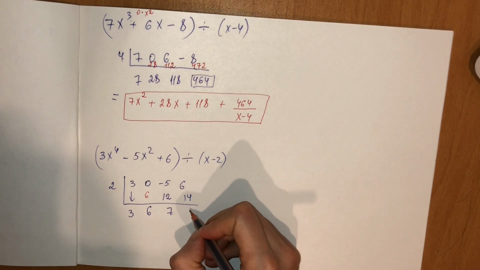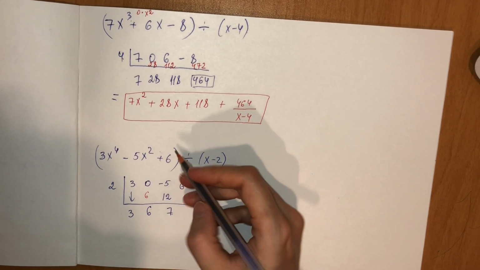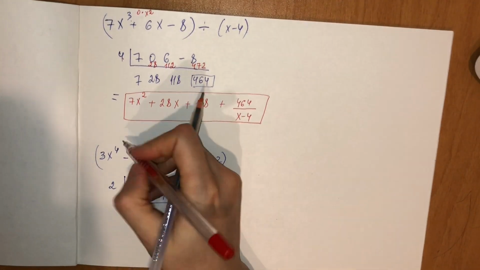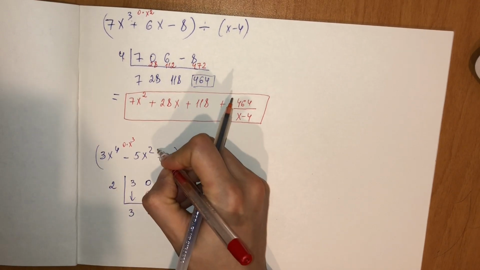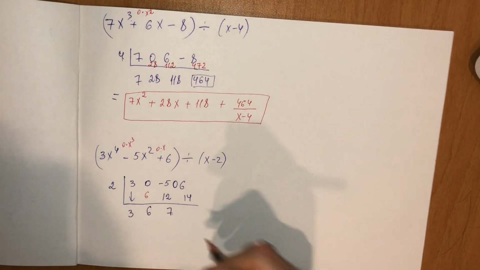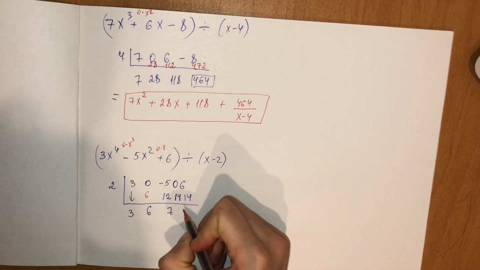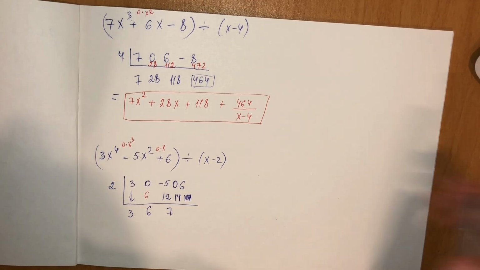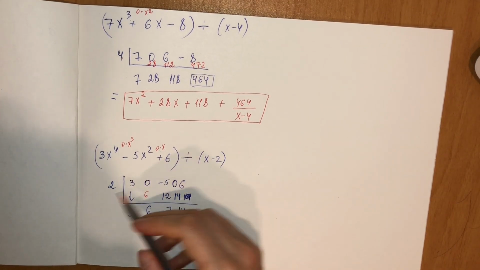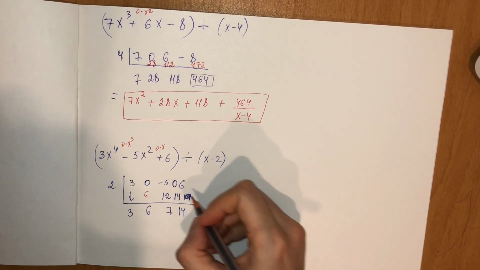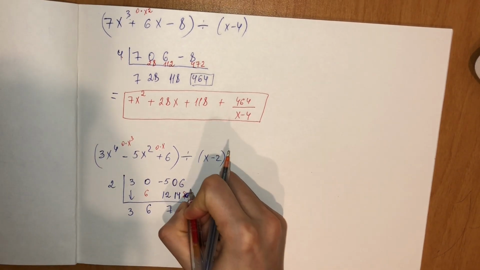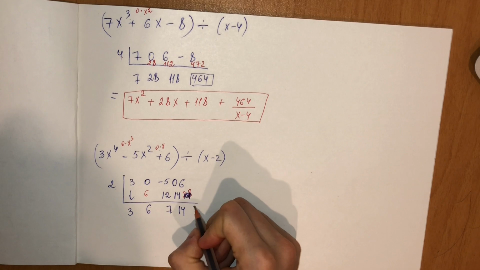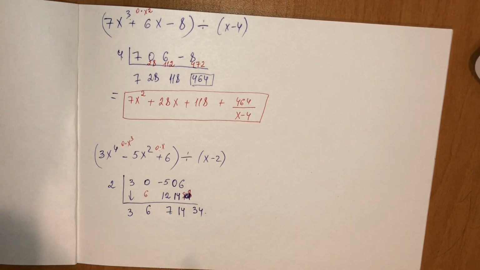Sorry, here we missed 0. We missed 0 times x cubed and 0 times x. Okay, 14 should be right down here. And 2 times 14 is equal to 28. Okay, 6 plus 28 is equal to 34. So what is our result?